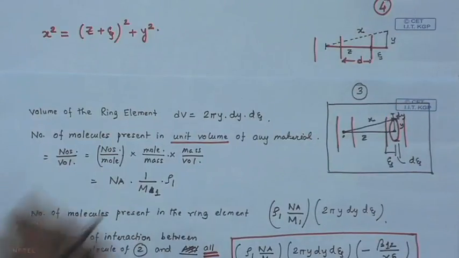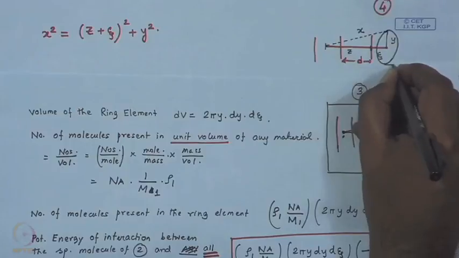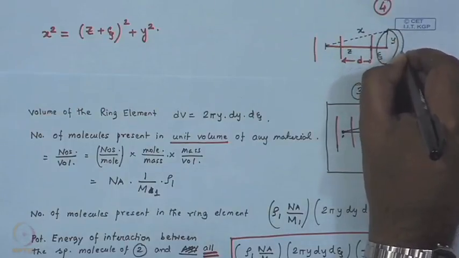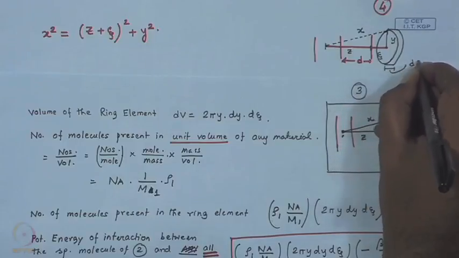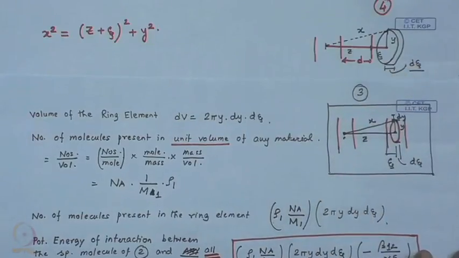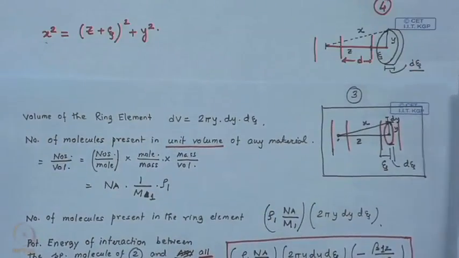Okay. So, we have from Pythagoras theorem, and this is here where you have the ring, it is del zeta, and from Pythagoras theorem you have this.